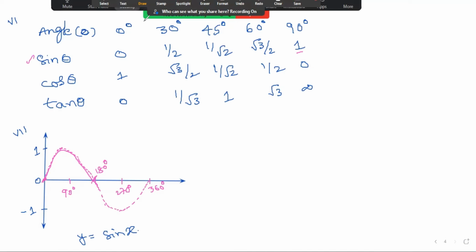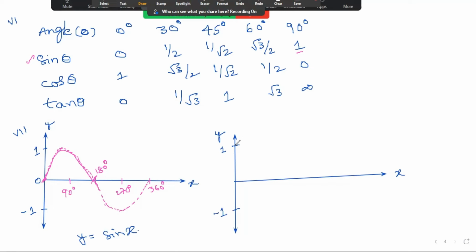And when we come to the cos graph, that also looks the same, but the only difference is it will start from maximum value. As we look here, this is x, this is y. Then this is 1, this is -1.